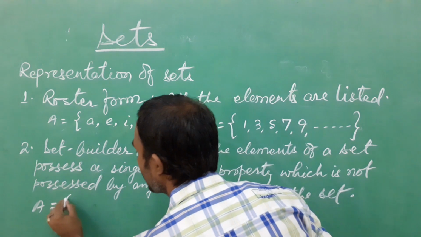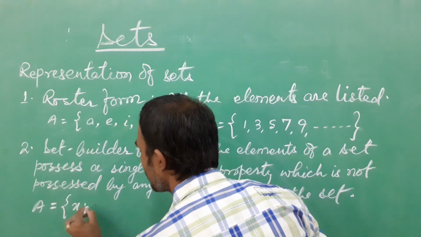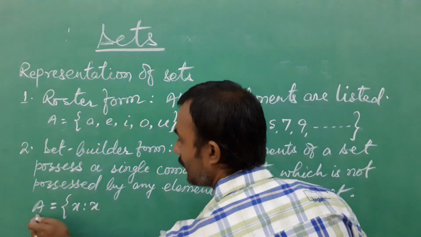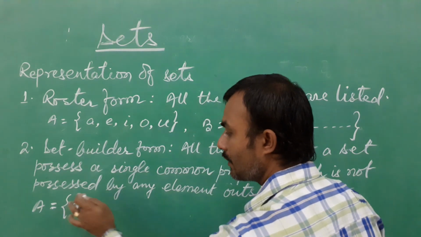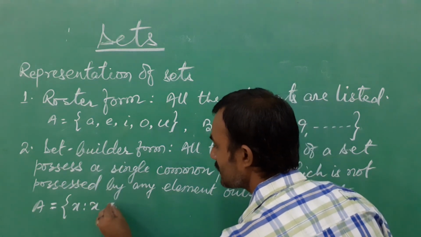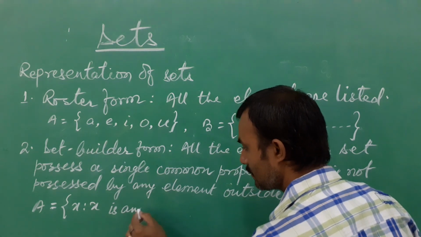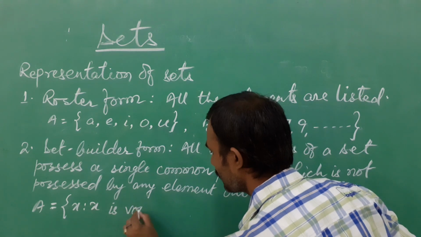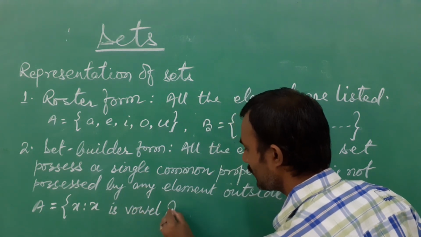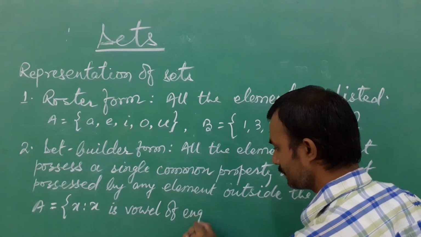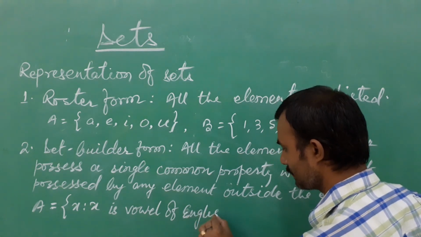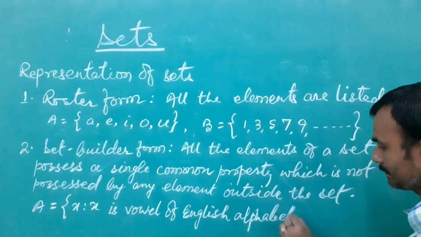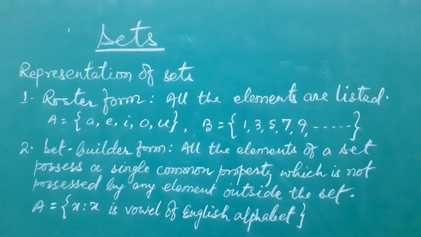Or the same thing we can write as x such that x, where x is a variable. A is the collection of x, where x is a vowel of the English alphabet. So this is set builder form.